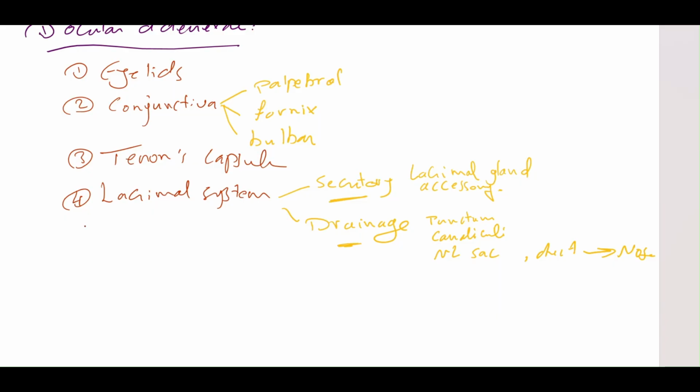Number 5 is the bony orbit, which is the bony envelope of all these structures.